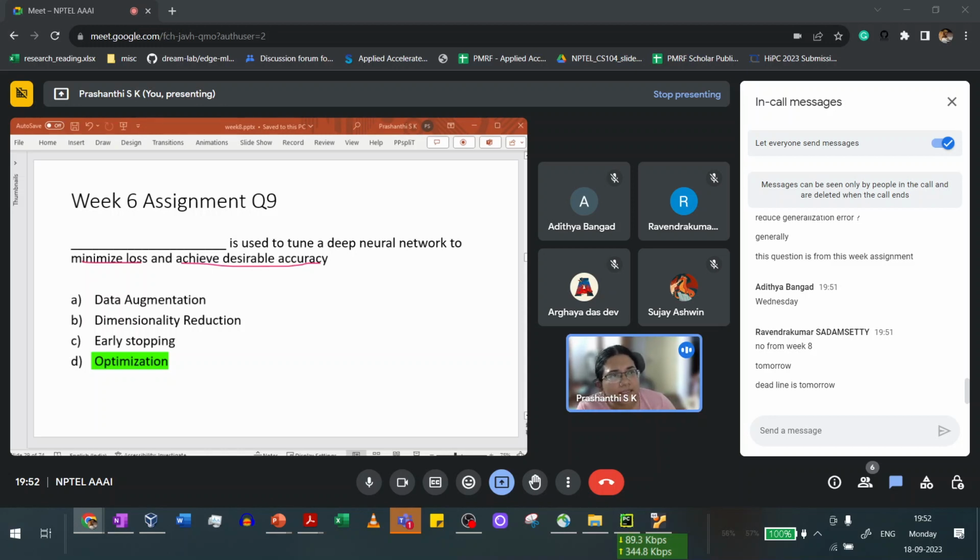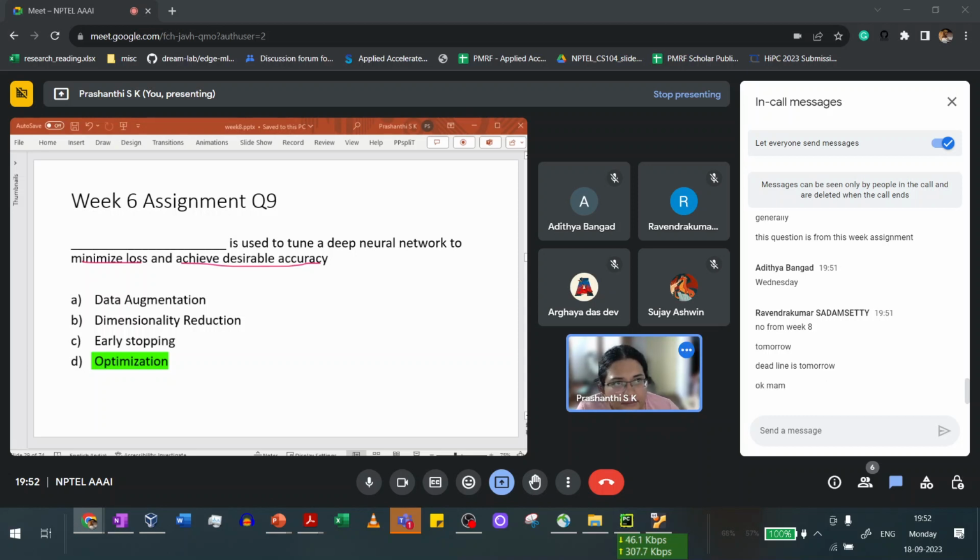So let's do one thing. In the recap, we have a little bit about all this generalization error and what techniques are used. So I will go over that, and hopefully that will help you solve the question. But I would not be able to discuss a question for which the deadline is not yet over. That's NPTEL's policy, because if we discuss it here, then everybody gets it right.